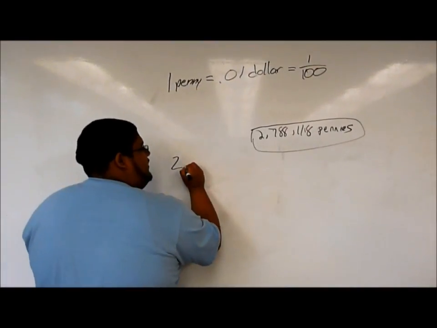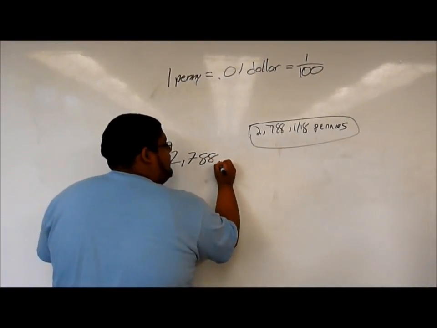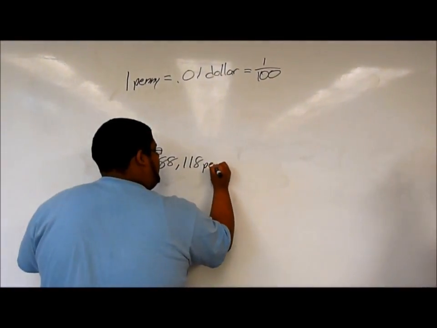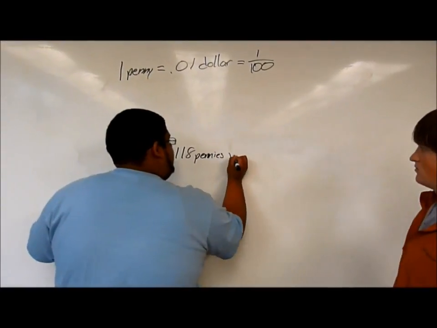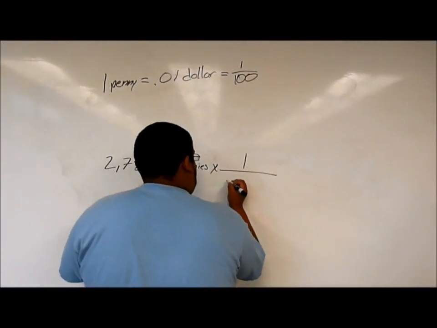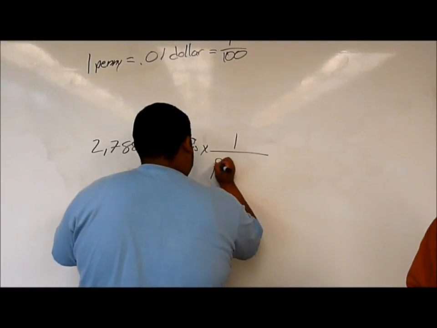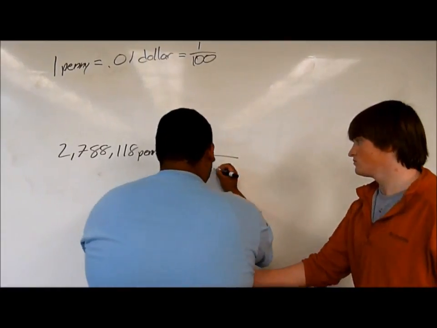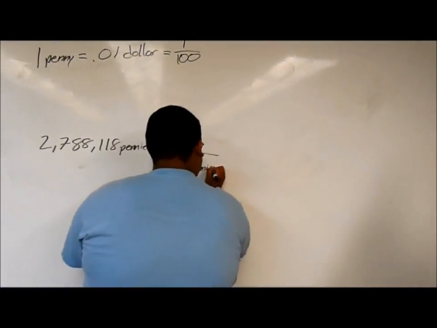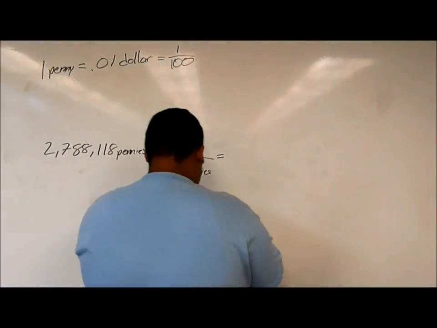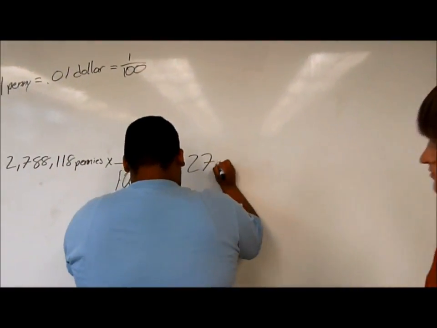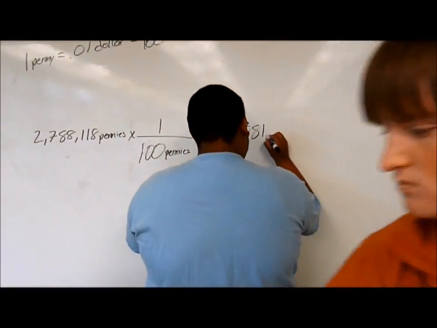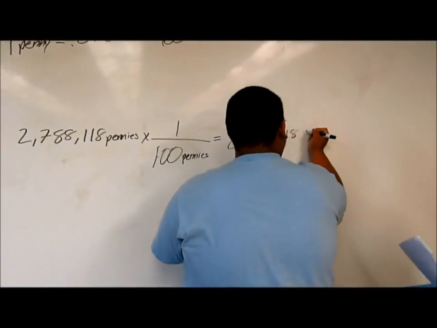So we have 2,788,118 pennies times 1 over 100 pennies to get $27,881.18.